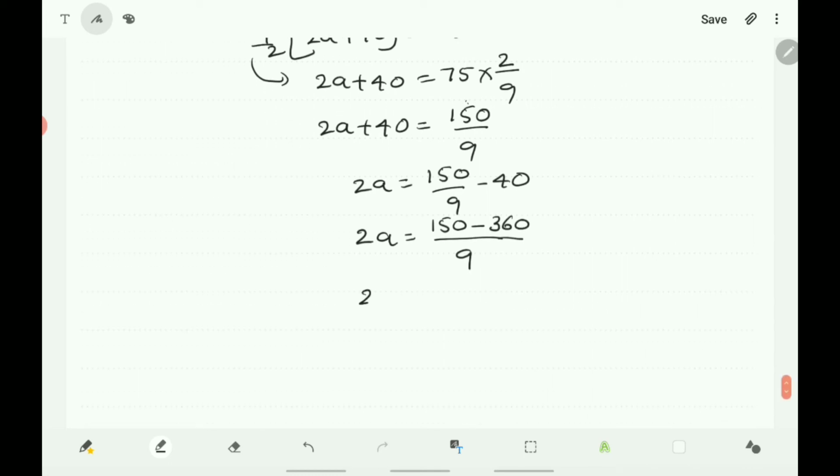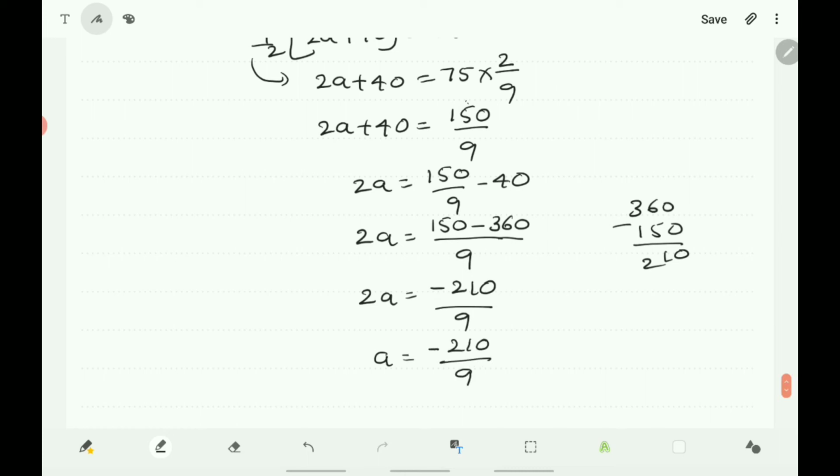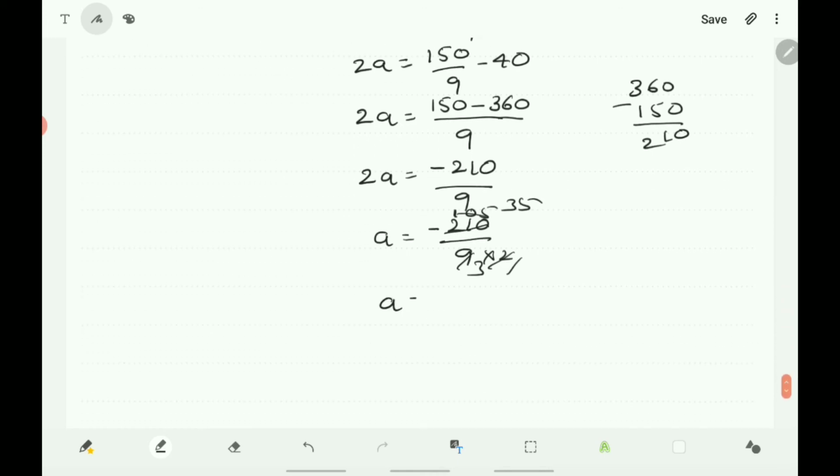It becomes 2a is equal to 150 minus 360, so it is minus 210 by 9, and a is equal to minus 210 by 9 into 1 by 2. Dividing by 3 and by 5 gives a is equal to minus 35 by 3.